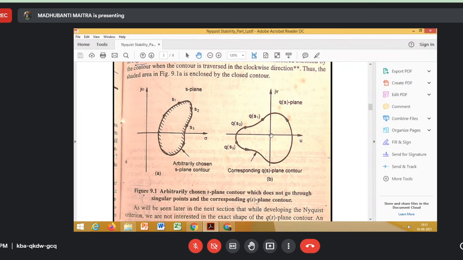Again, follow the cursor. If for this S plane contour, we get a contour on the QS plane, just follow the cursor, which is like this. Again, there is a closed contour on the QS plane, right? But if the contour is like this, then it's obvious that this QS plane contour is not enclosing the origin of the QS plane.